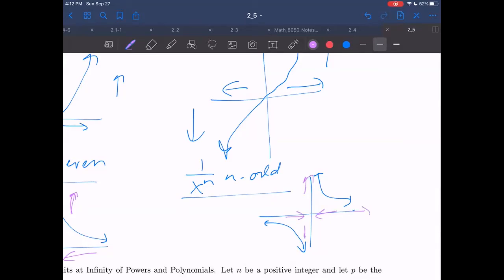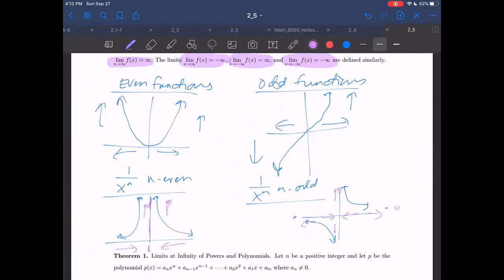And as x approaches positive infinity, our function gets closer and closer to 0, and the same with approaching negative infinity. So you can see the difference between these functions up here, where we have infinite limits at infinity, and down here, where we just either have an infinite limit or a limit at infinity.